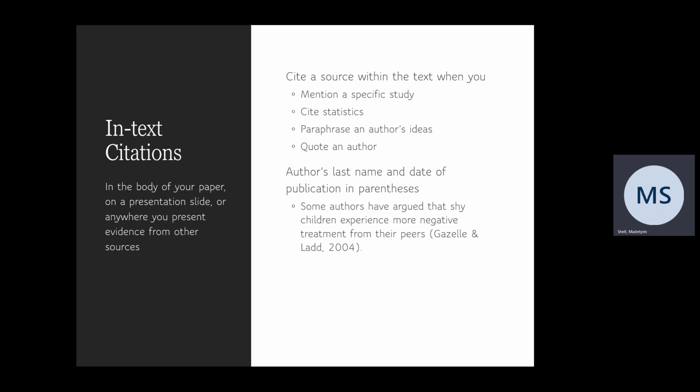The general rule when you want to cite the source within the text is if you mention a specific study, if you cite any kind of statistics, you need to cite your source. If you paraphrase an author's idea, this is going to be probably the bulk of your citations.